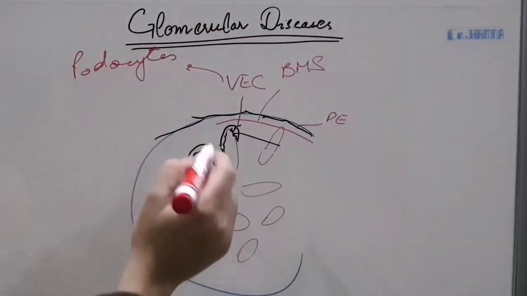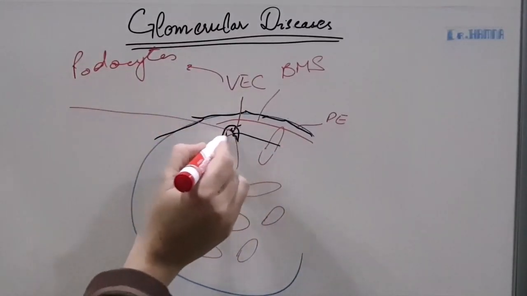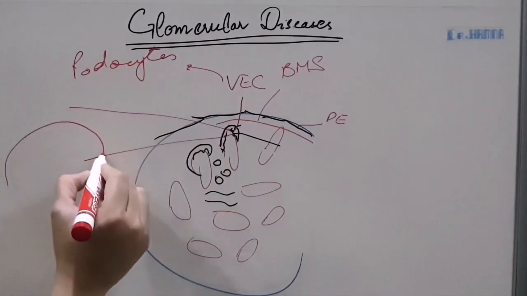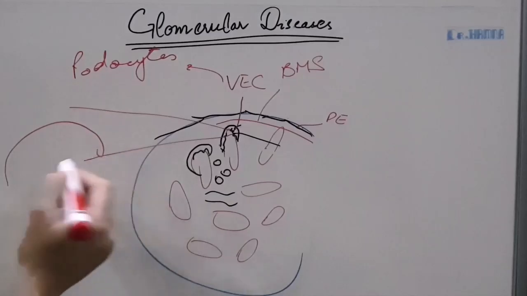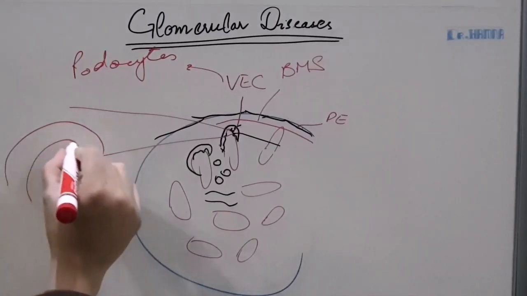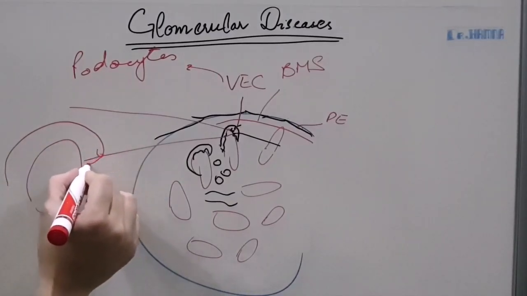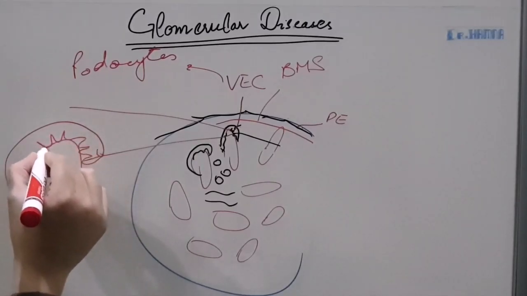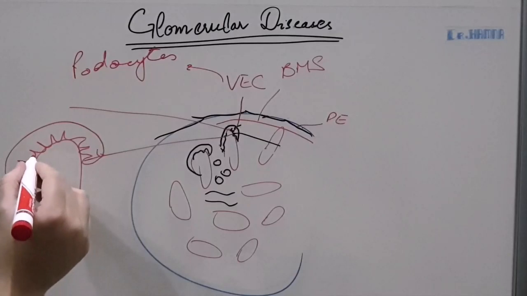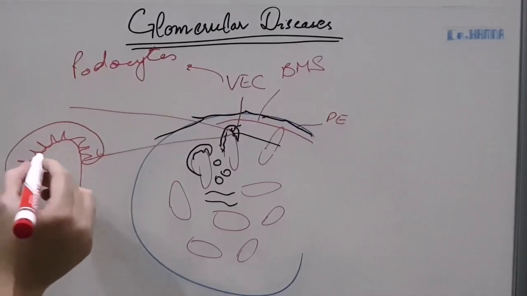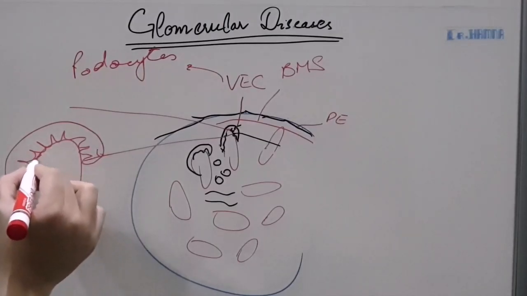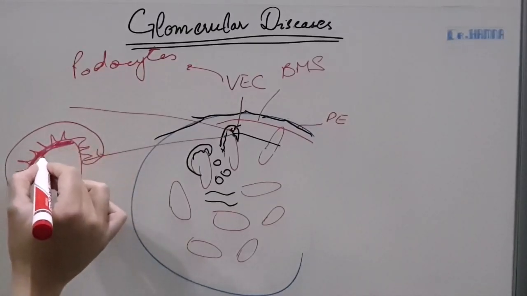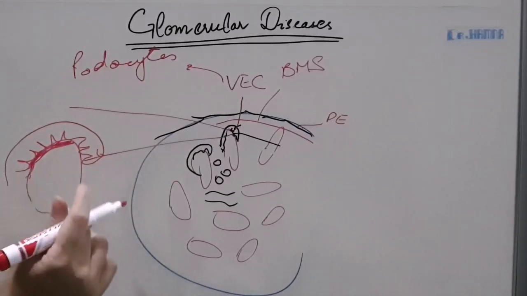So if we really zoom into these cells, how do these cells look? If this cell is wrapping the blood vessel, then it has the foot processes which attach on the surface of the blood vessel, and these foot processes are separated from the endothelium via basement membrane, and this is the endothelial lining.